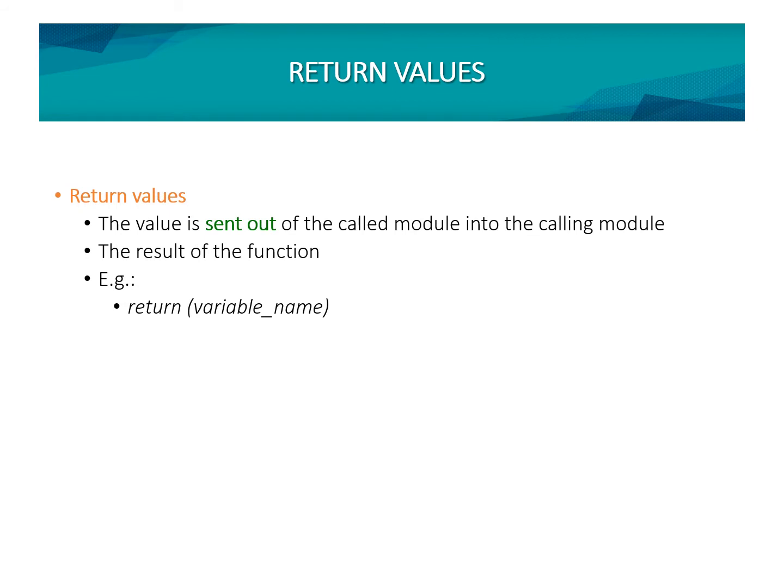It is the value returned out of the call module into the calling module, the result of the function. For example, you may want to return a value, or return the address of the value, back to the calling function.